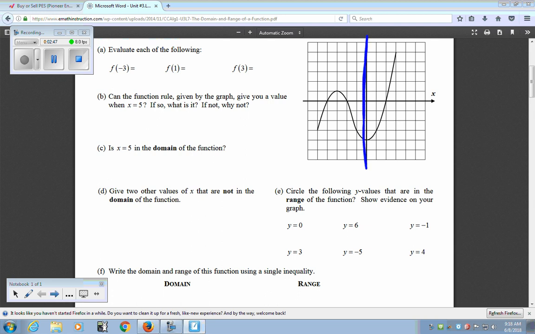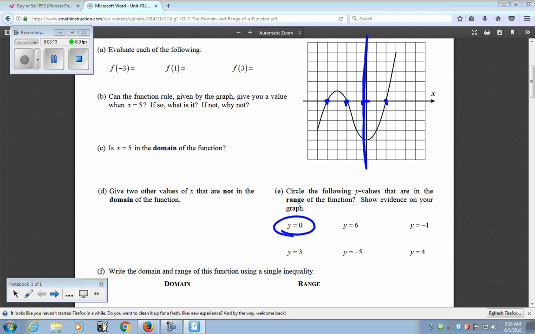If I go to y equals 0, which is here, and I go right or left, I do have input values that give me 0 as an answer. I actually have 3 points that would give me 0 as an answer, so I am going to circle y equals 0. So see if you have points that contain that number as an answer. You're basically going up or down, and then you look to the left or right and see if you hit the graph.